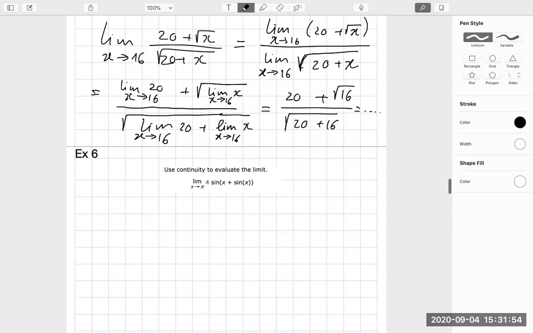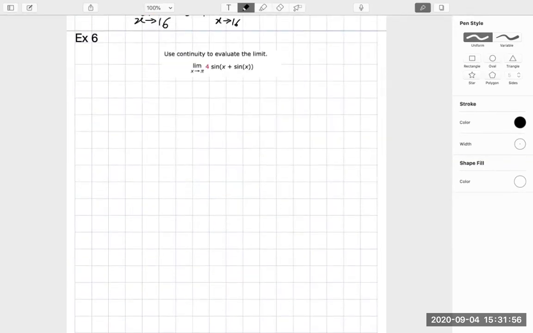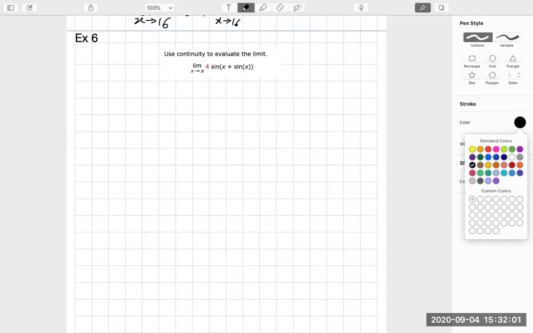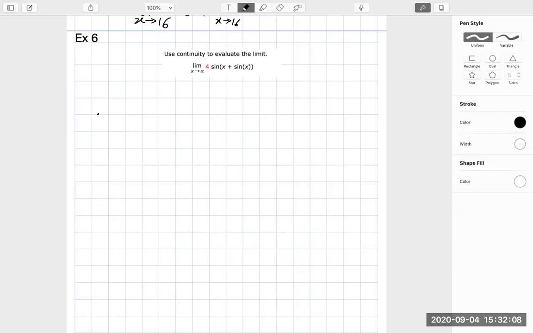Another example. We need to compute the limit of this function. Wow, interesting. Let us call the function f of x is sine of x, right? And the function g of x is x plus sine of x.